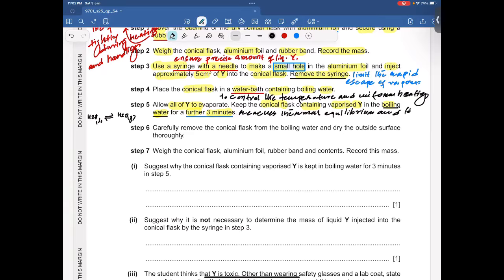And to ensure complete evaporation of any residual liquid. Residual means remaining liquid.